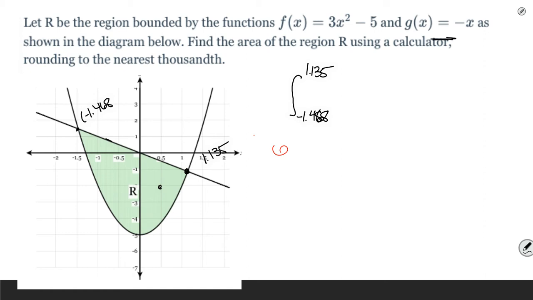So that would be -x as the top, minus, and I want to subtract the bottom curve, so I want to subtract the entire 3x squared minus 5 dx. And then I can type this straight into Desmos.